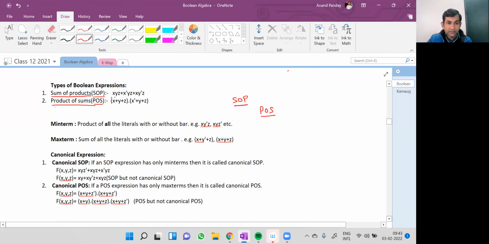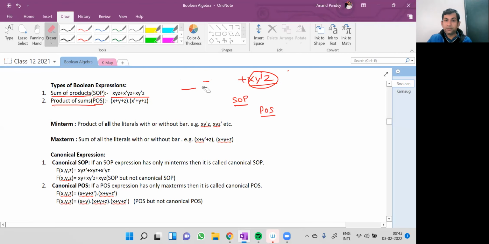See this expression. It is what? Sum of products. Let me write XYZ + X'YZ + XY'Z. Sum of products. Three products are here. Such Boolean expressions are called SOP, or sum of products.